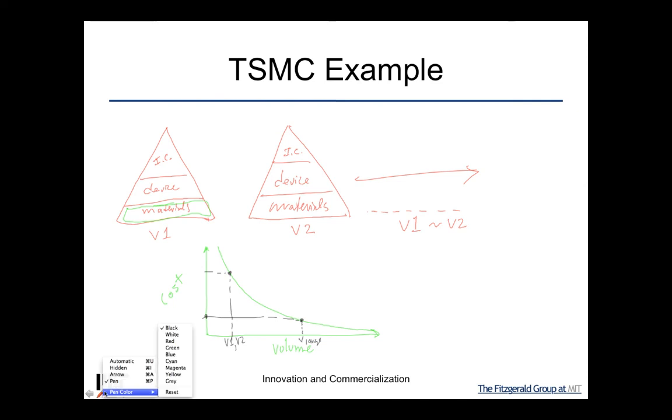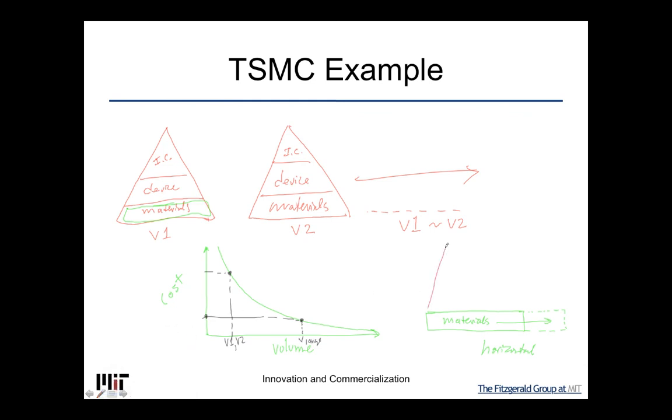So what happens is now you have this materials company, and its goal is to do horizontal integration. So its goal is, in a way, to go to higher and higher volume to supply more and more of these guys.